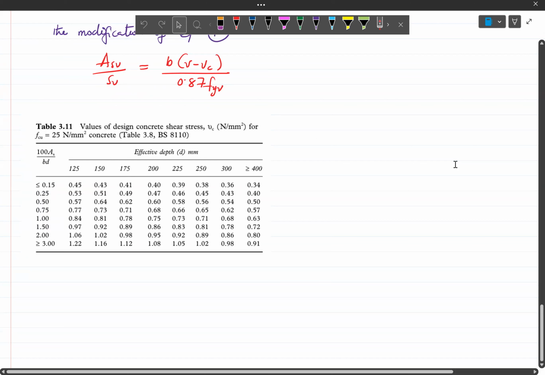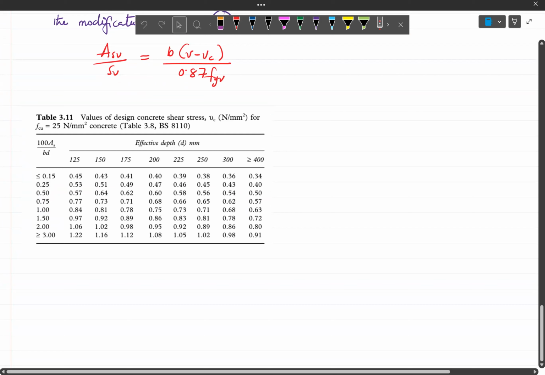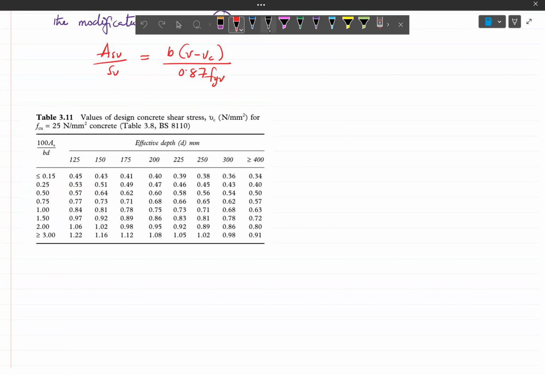So let's look at the vc table, which is a very important table that we need to pay attention to. In this space here, this is our effective depth, d, right?